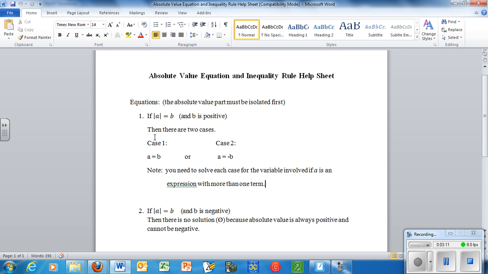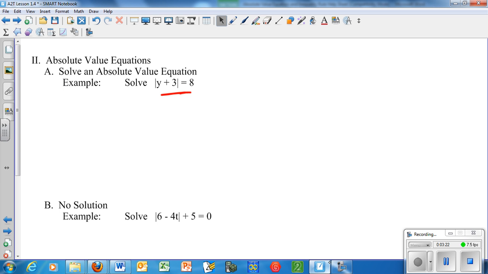If we go back to our examples, notice we have the absolute value part isolated. It's just y plus 3 right there. So we have to do two cases, case 1 or case 2.